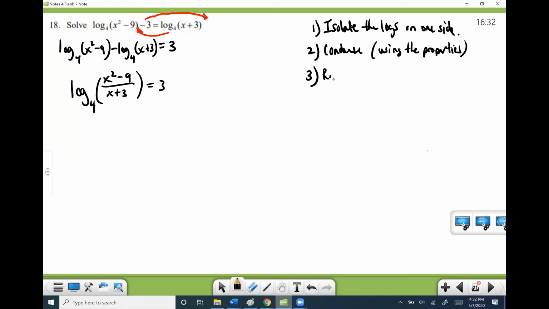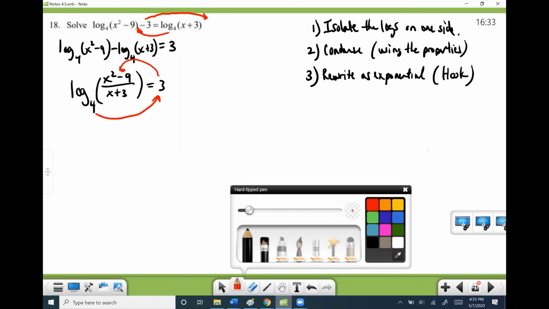Step 3, rewrite as an exponential using the hook. So we're going to go ahead and say 4 to the third equals all that junk.